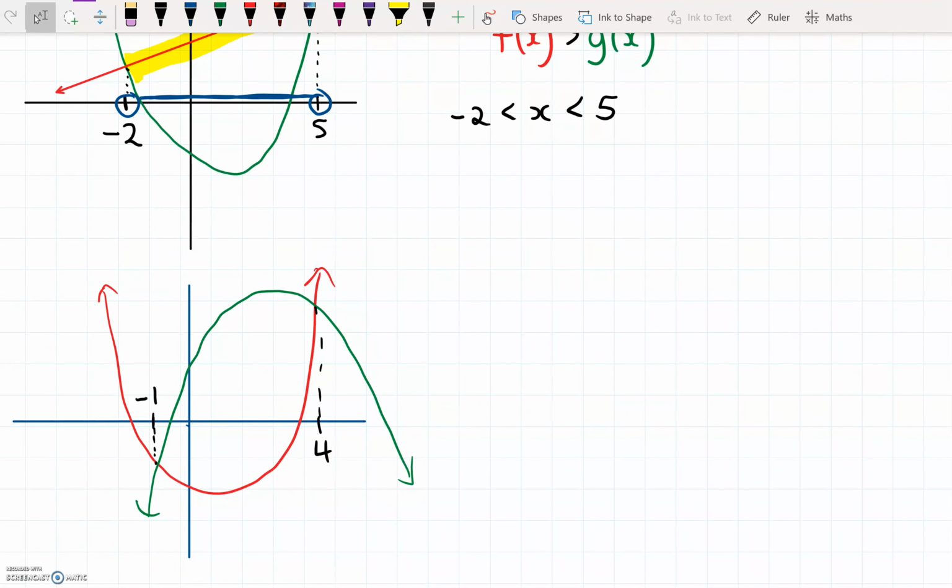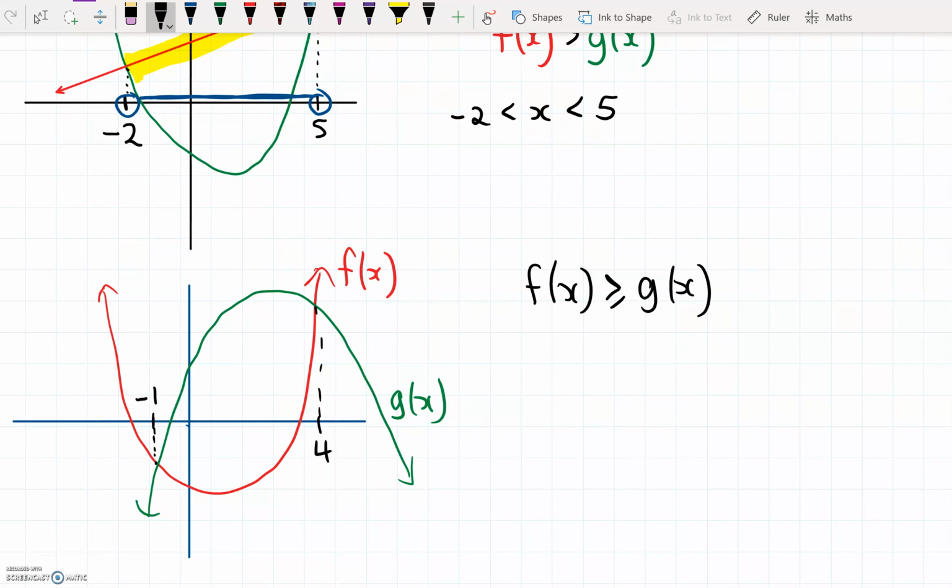This time, we'll label them again, f and g, and I want to know again where f of x is greater than or equal to g of x.